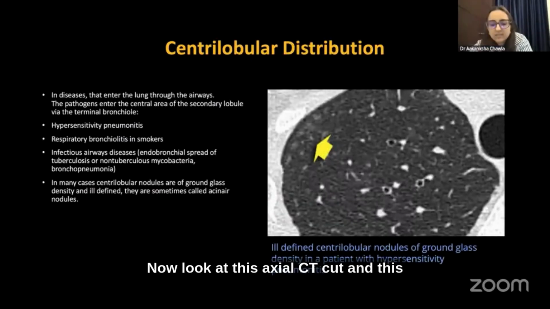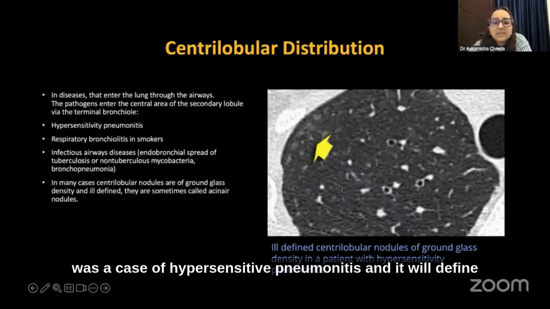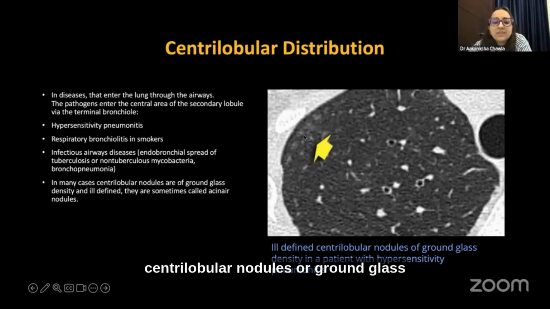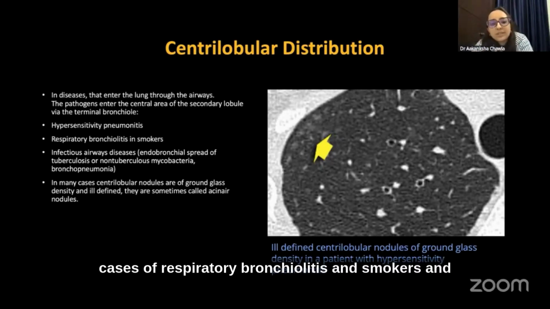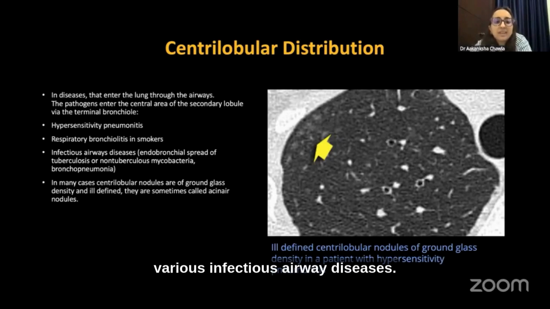Now look at this axial CT cut, and this was a case of hypersensitivity pneumonitis, and ill-defined centrilobular ground glass nodules are seen. This is not only seen in HP, but also in cases of respiratory bronchiolitis in smokers and various infectious airway diseases.